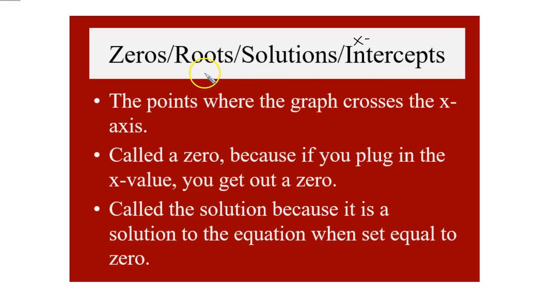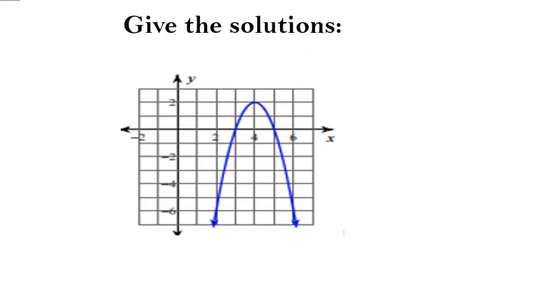There's a reason it's called a root. It's called an x-intercept because it crosses the x-axis there. So all of these things are kind of the same thing. Even though their definitions are slightly different, what we really want to know is where does the function cross the x-axis? So what are the solutions here? Well, this crosses the x-axis in 2 places, right here and right here.